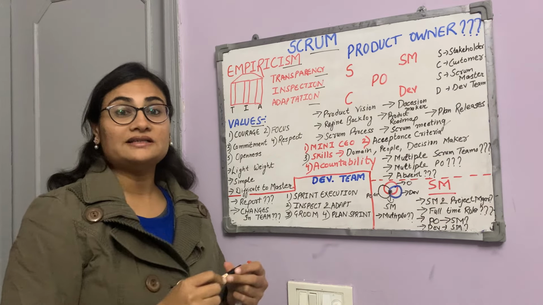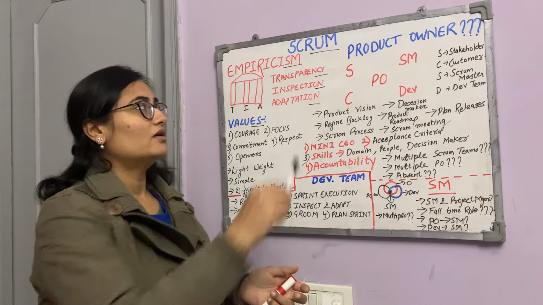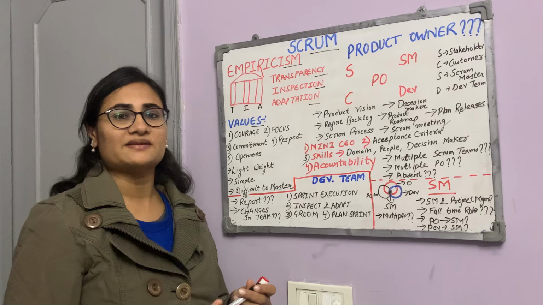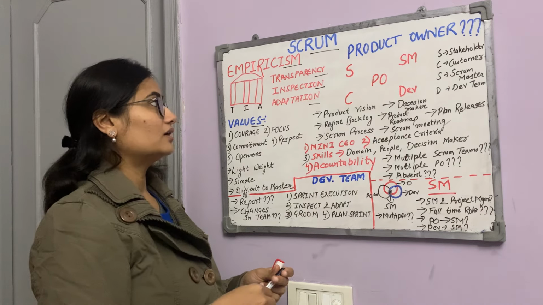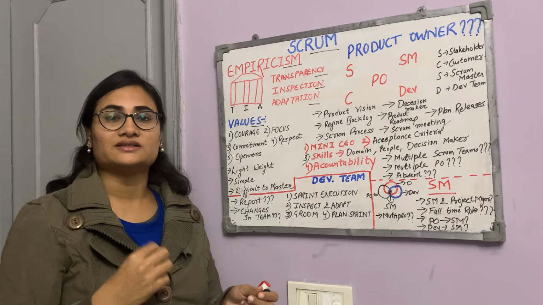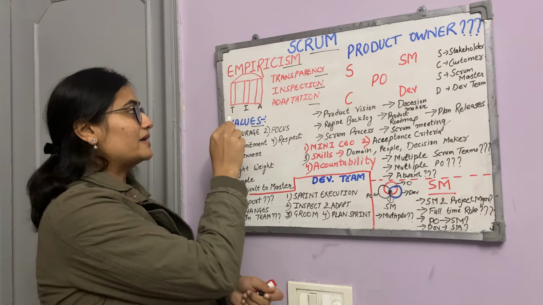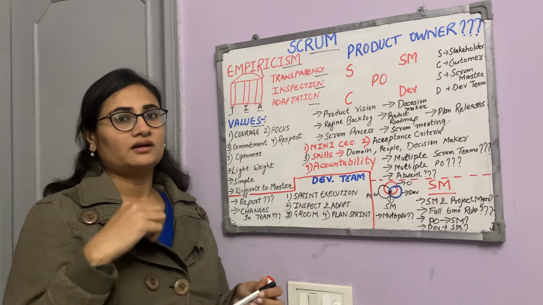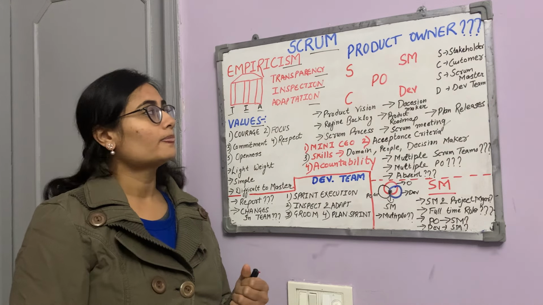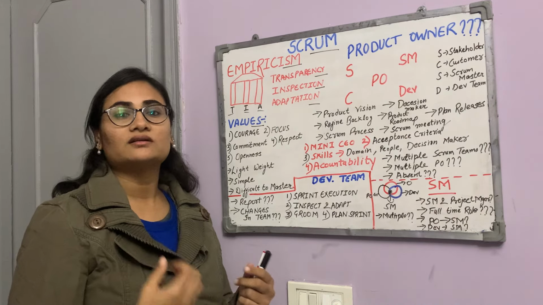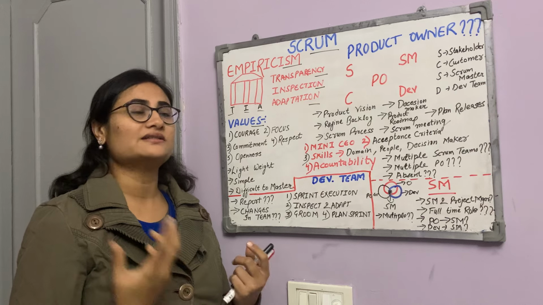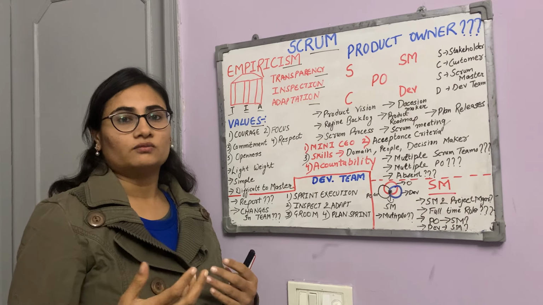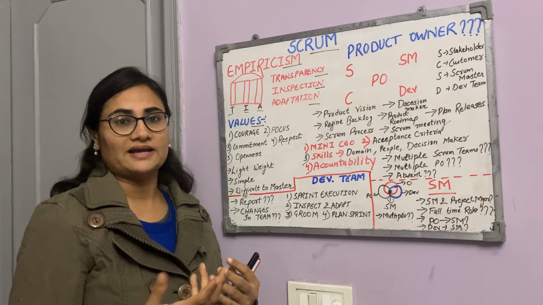When we understand these three pillars, we will understand why Scrum is empirical in nature. The three pillars of Scrum are transparency, inspection, and adaptation. TIA, it's very popular. So you must remember the three pillars of transparency, inspection, and adaptation, and what details they comprise.